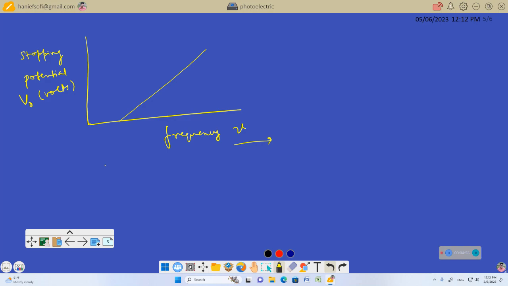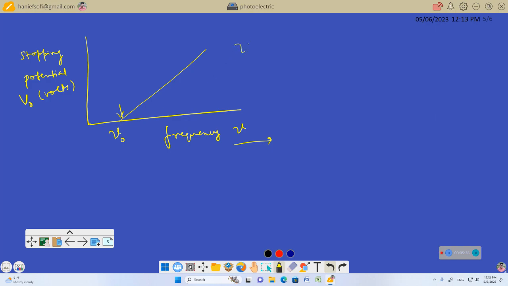So experimentally we see that the stopping potential has a linear dependence on the frequency of light, and it has a certain slope. For different metal surfaces, you can have different slopes, but this linear relationship will be true for all metal surfaces. Now this frequency we call nu naught, the frequency at which the stopping potential is zero.